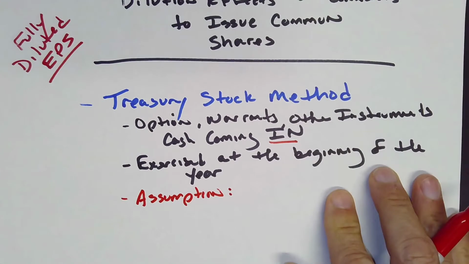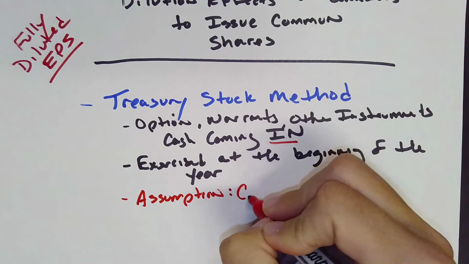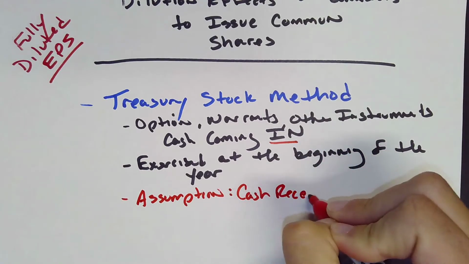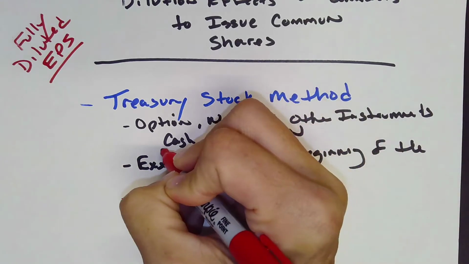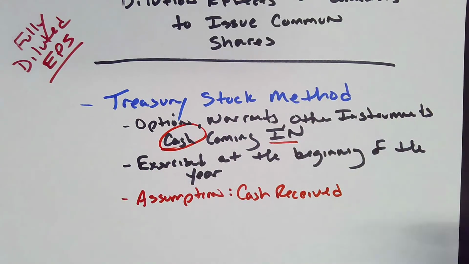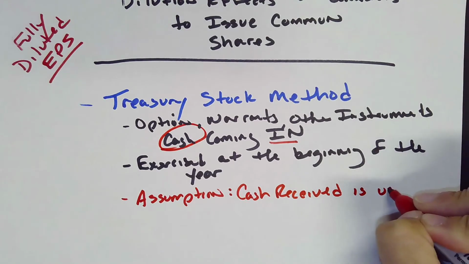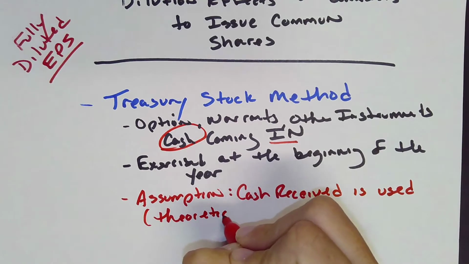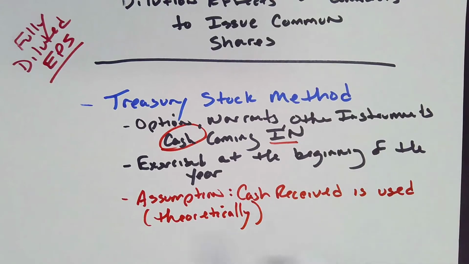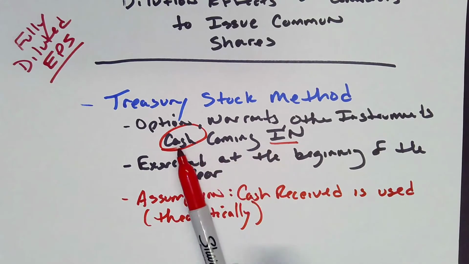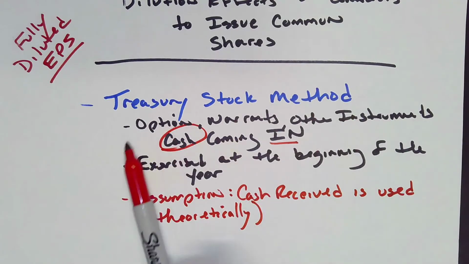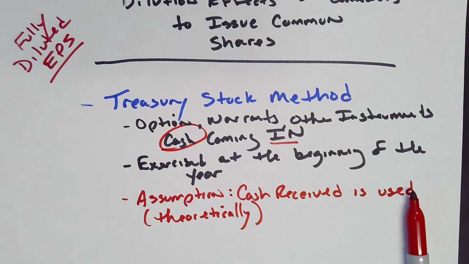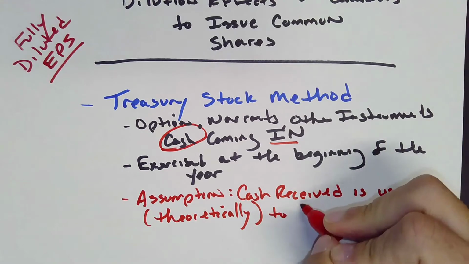In doing this calculation, the assumption is that the cash received is used theoretically. It's not actually used because it's not actually coming in. It's the assumption that it would be coming in, right? Because we're just assuming that they were all exercised at the beginning of the year. That the cash received is used theoretically to buy back shares.